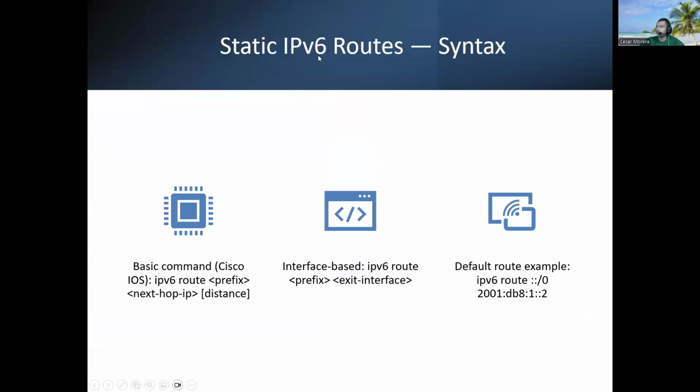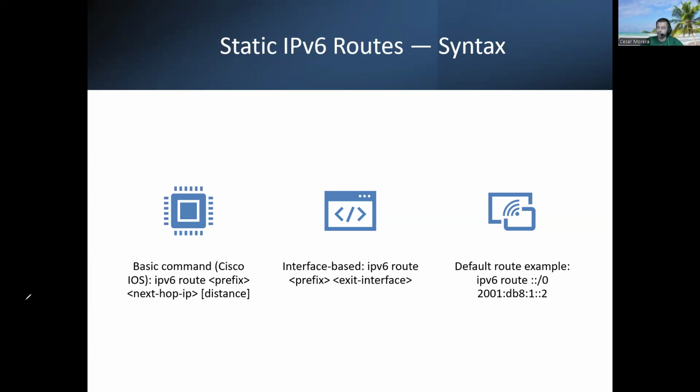We have the option to configure with the basic command and the next hop IP address, with the exit interface, and with the ::/0 option and the IPv6 address. In summary, this is like removing the zeros from the IPv6 address. All those blocks of zeros, we can translate into a double colon, and that's basically what we're doing there.